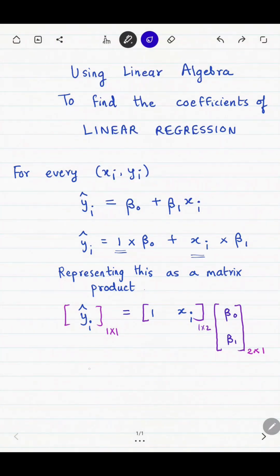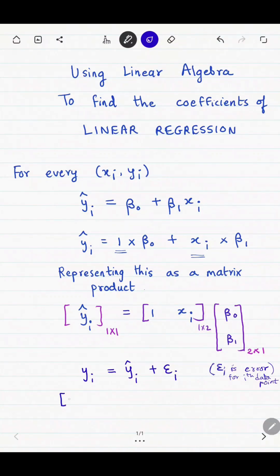Now let's write this for all the data points. We will have to account for errors too, right? So when we are taking it to our data set, we actually have yi. What we are finding in this equation is yi hat, and we know the relation yi is equal to yi hat plus epsilon, if epsilon is the error.